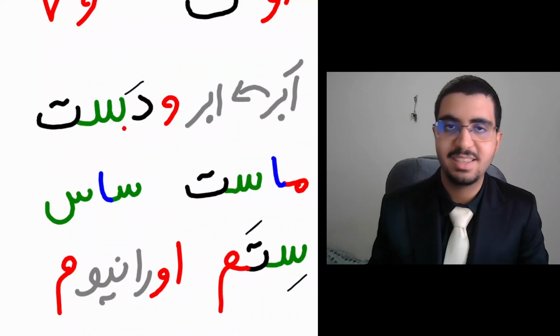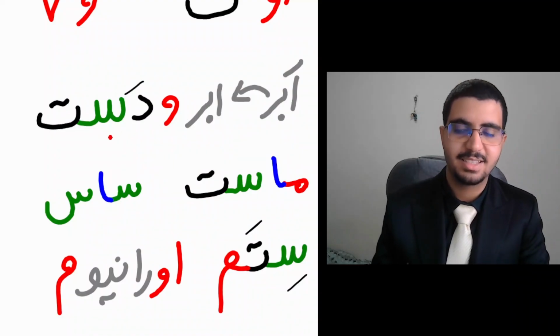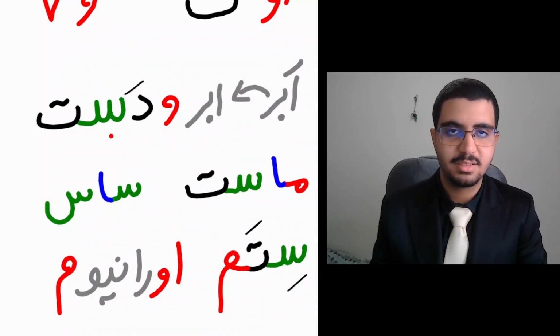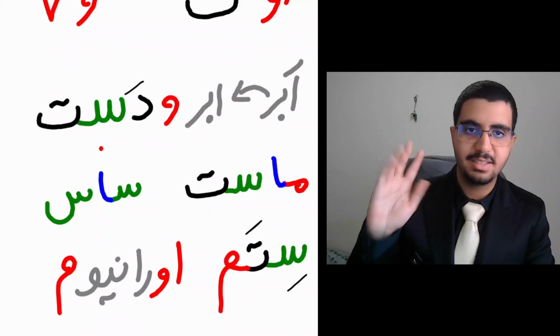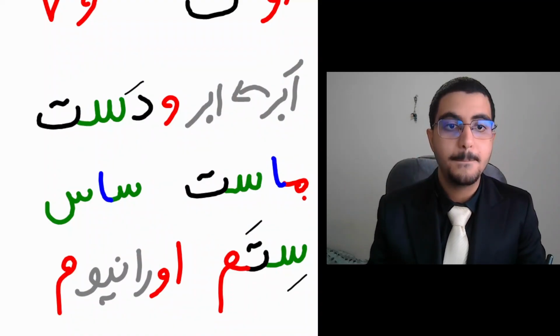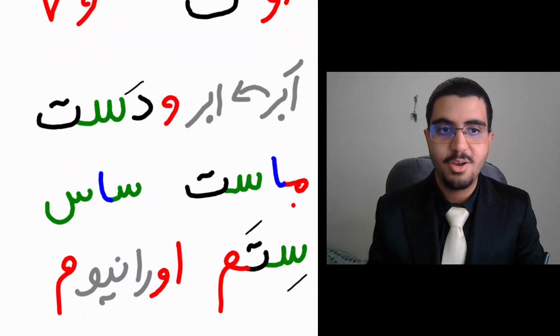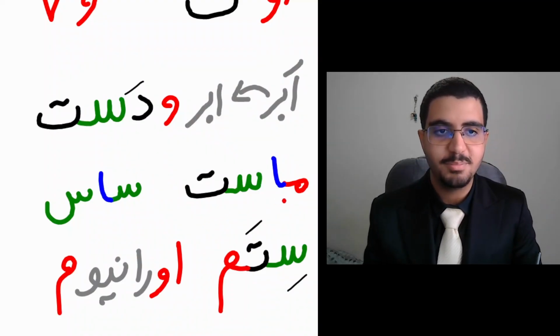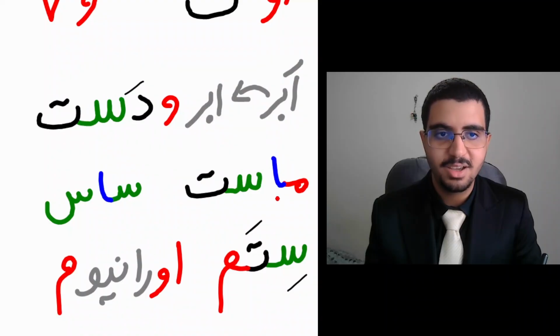Now we have dast. Do you remember what dast meant? Dast means hand. Now a new word that you can say with these syllables: must. Mim, alif, sin, te. Or me, a, se, te.